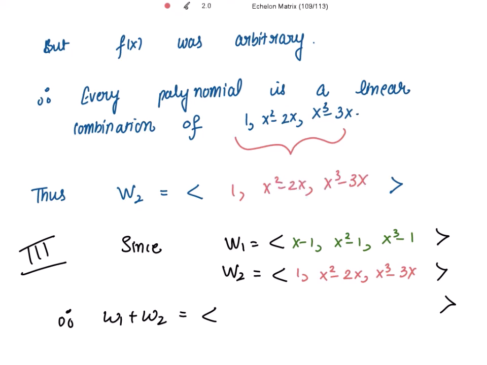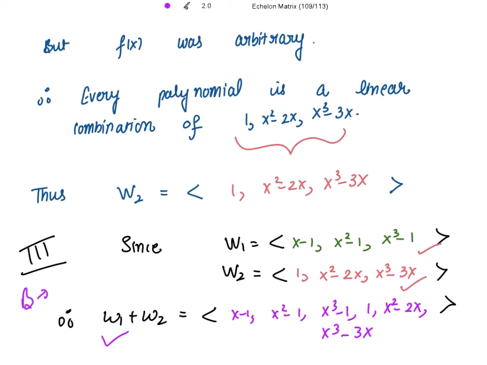Now since W1 is generated by three polynomials and W2 is generated by three polynomials, their sum is generated by all these six polynomials. To get the basis of the sum of the subspaces, we need the coordinate vectors of all these polynomials relative to the standard basis.